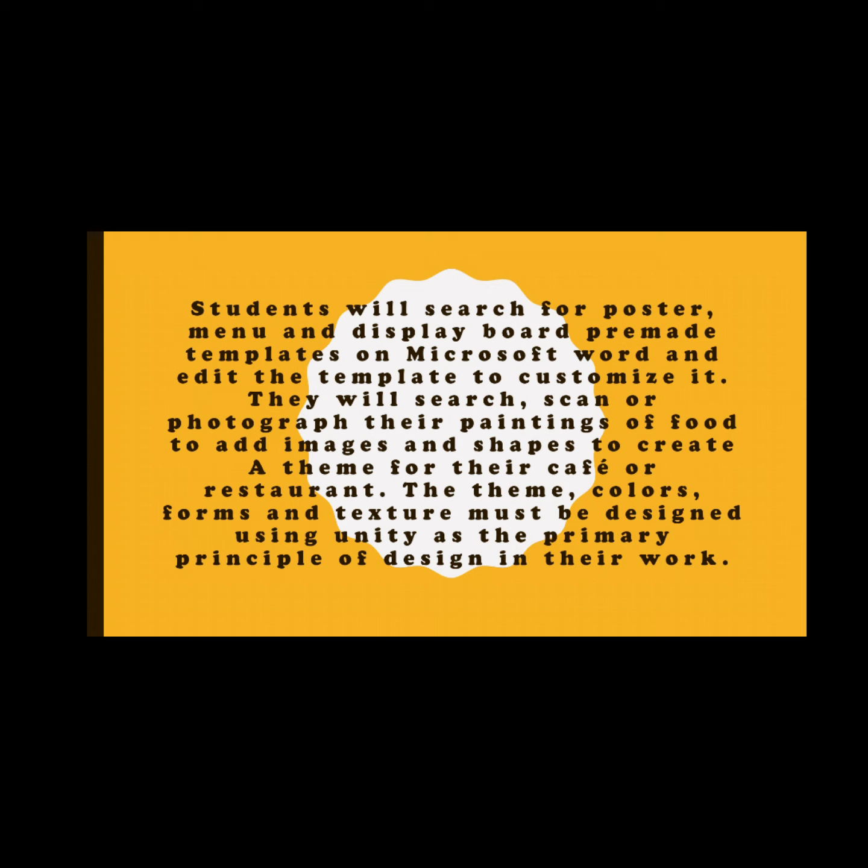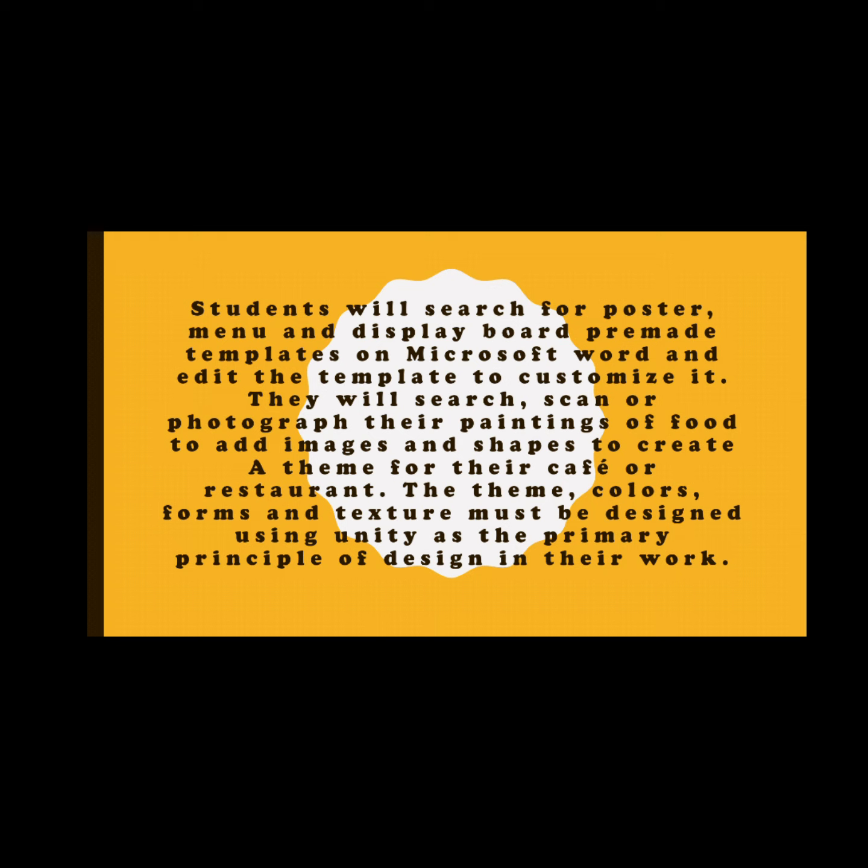You will search, scan, or photograph your paintings of food to add images and shapes to create a theme for your cafe or restaurant. The theme, colors, form, and texture must be designed using unity as the primary principle of design in your work. Now that is again important.